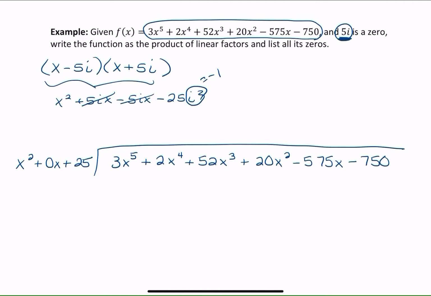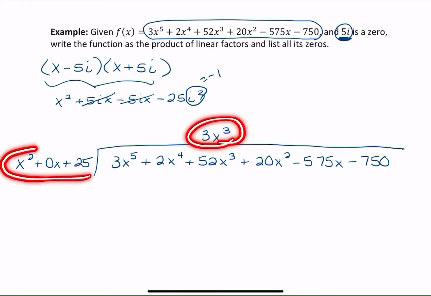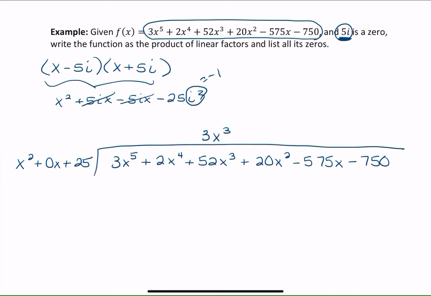So I'm going to start looking at how many times does x squared go into 3x to the 5th? Or what do I need to multiply by? And that's going to be 3x to the 3rd. So when I multiply this by the divisor, I end up with 3x to the 5th plus 0x to the 4th plus 75x cubed.